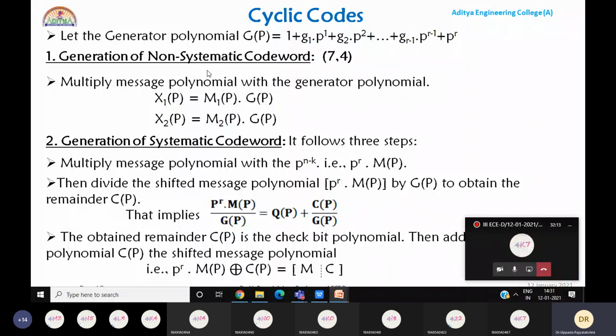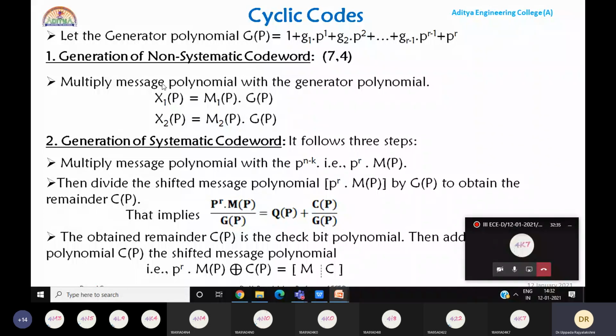Now, here in the cyclic codes, especially in the encoding process, while doing problems, they will ask you to generate the code words using the non-systematic procedure. So they will ask you a question like generate the code word using the non-systematic procedure.